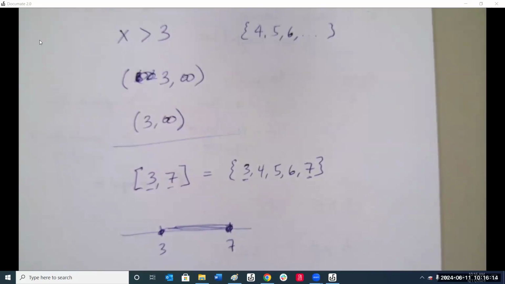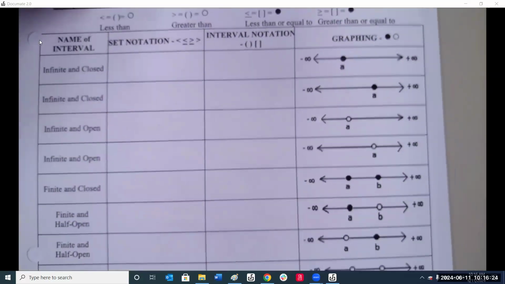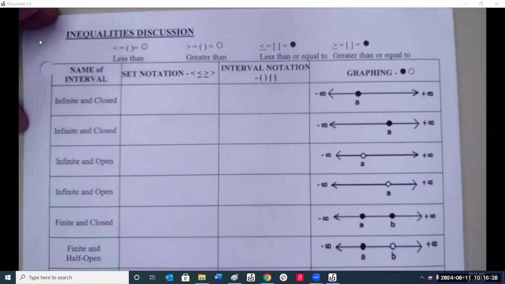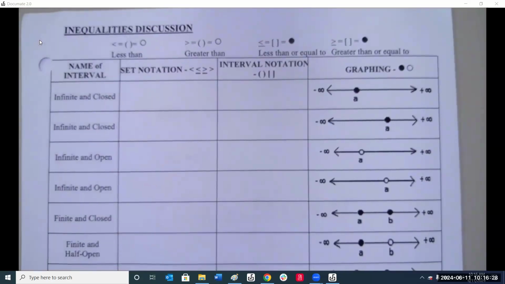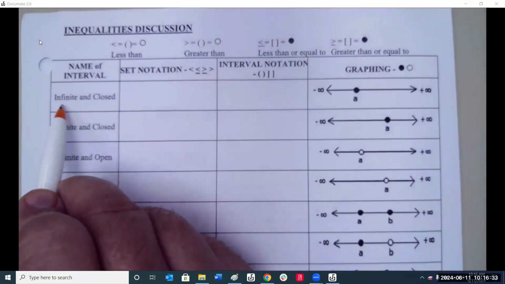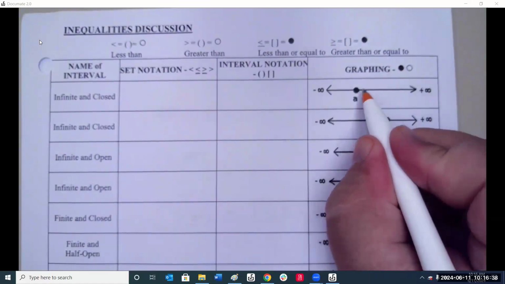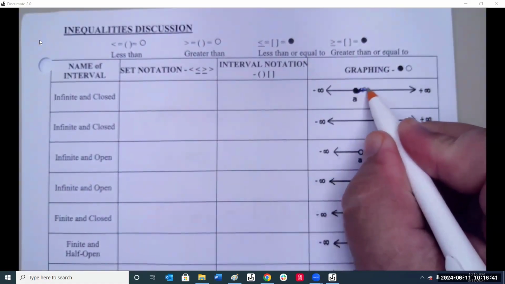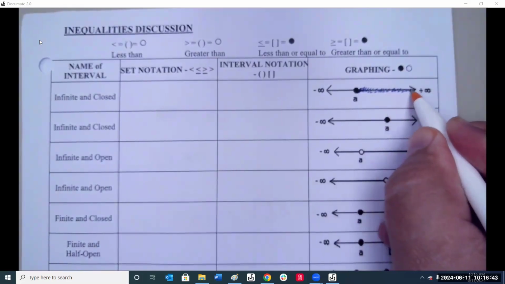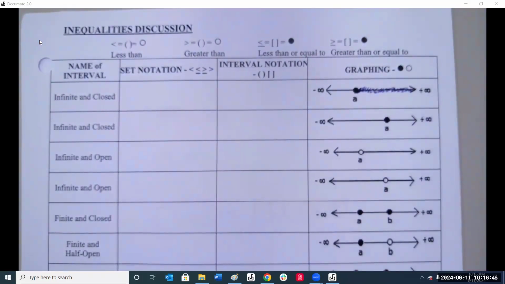So with that notation, the symbols, let's look at our sheet. Take out your inequality sheet, and we're going to go through all these. These are all the possibilities. The first type we look at is called infinite and closed. What that means is it's closed because it starts with a number and it goes in one direction. It goes to infinity.